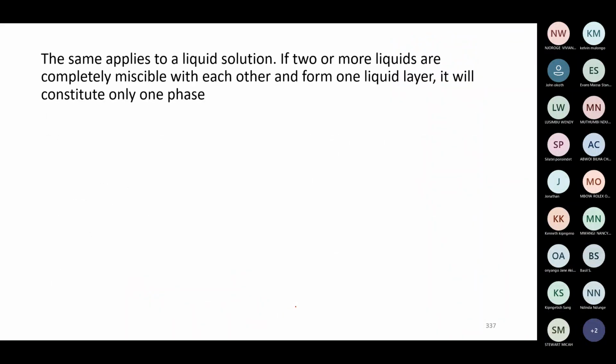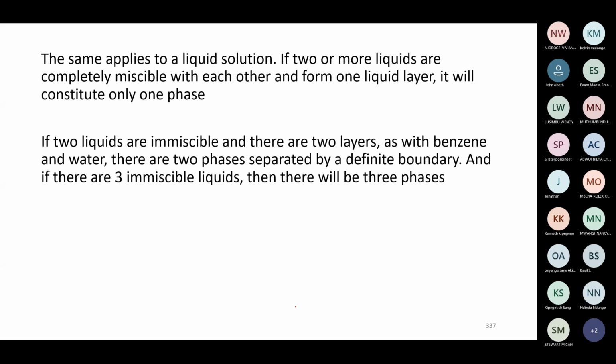The same applies to a liquid solution. If you have two or more liquids which are completely miscible with each other and they form one liquid layer, this will constitute only one phase. But if the two liquids are immiscible and they are distinct layers, you have two layers.